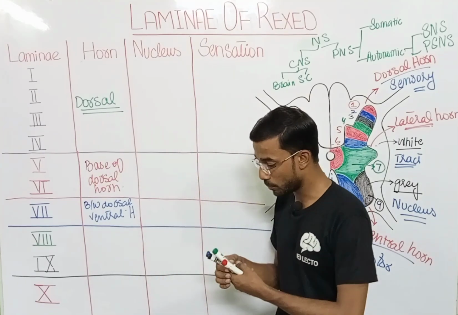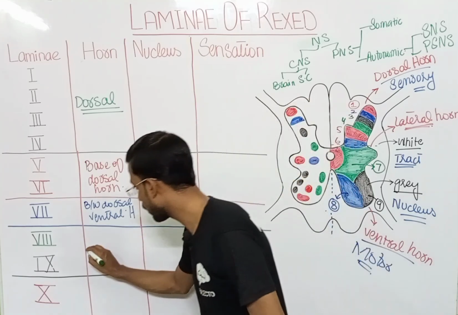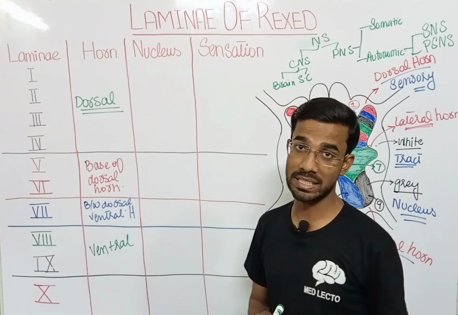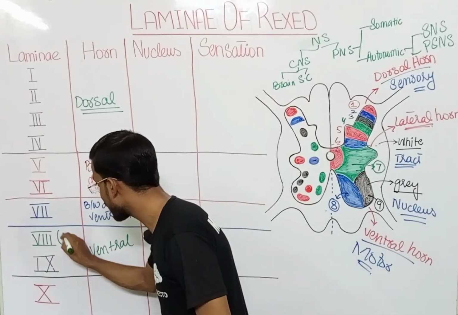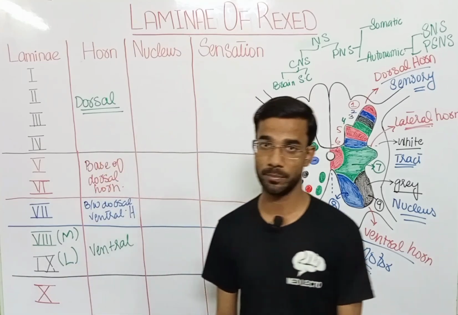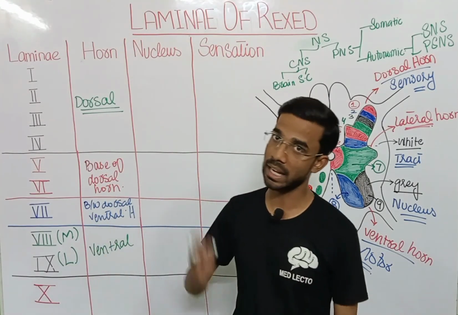So this is another important point: the 8th and 9th fall in the ventral horn, but the 8th is present at the medial side and the 9th at the lateral side. This is the basic difference between the 8th and the 9th lamina.